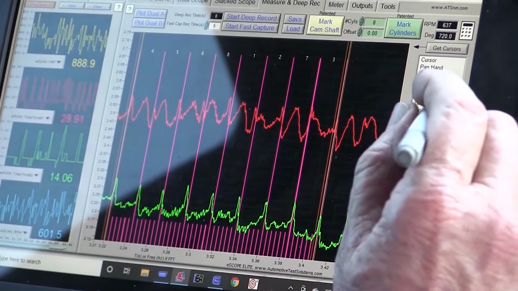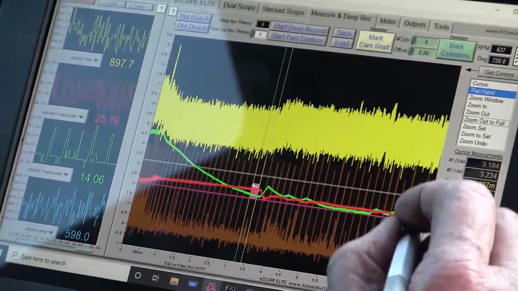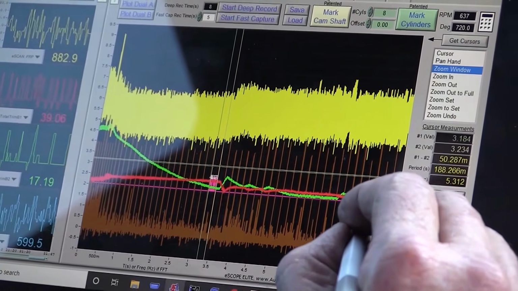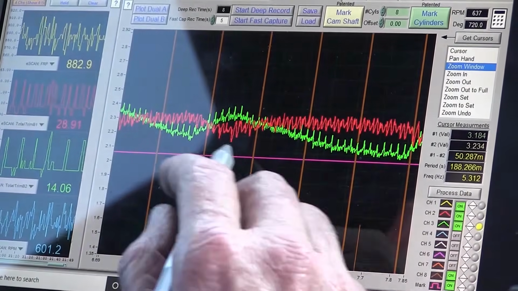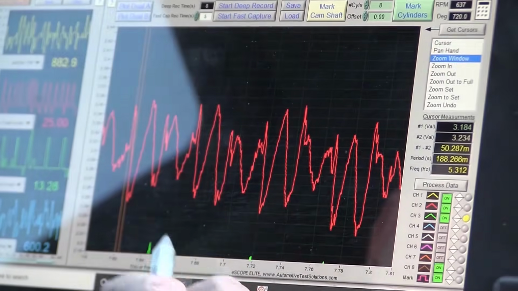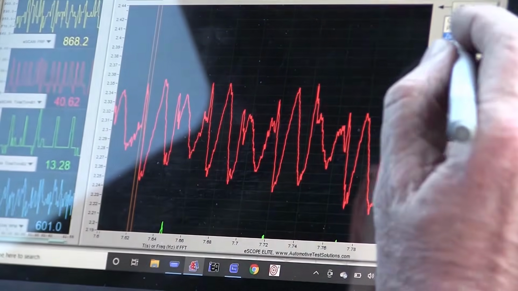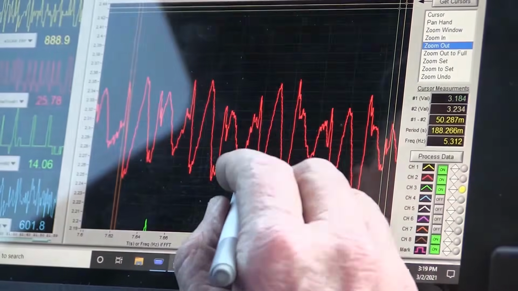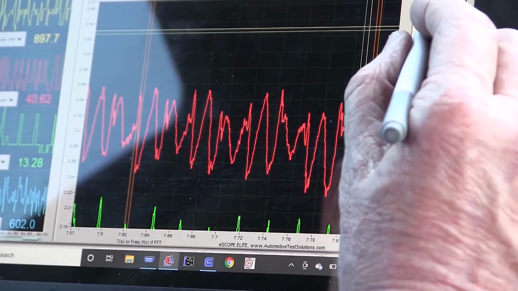So let's go over here and just look at where we had another failure over here, just because I want to confirm this. So we want to come in here and we can see that we're dropping pressure right here again. So let's see what happens here. And again, it's not as obvious, but it's still there. And you'll see it here. So let's get the cursors.